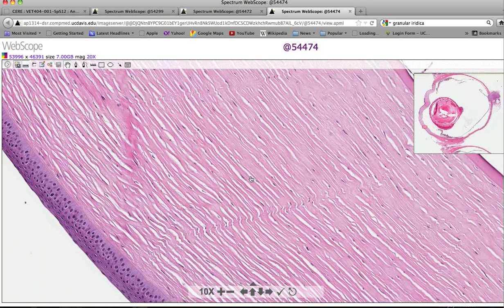It's composed of very regularly arranged collagen fibers, which are in turn composed of tiny fibrils that you cannot see with a light microscope. And there's a fairly regularly distributed population of spindle cells, which are keratocytes.